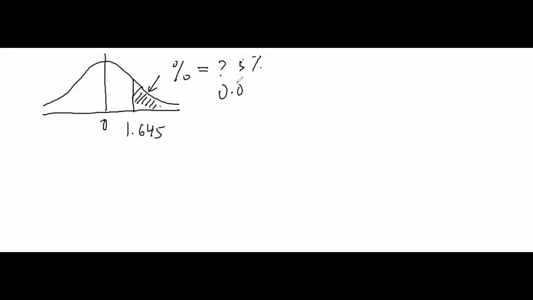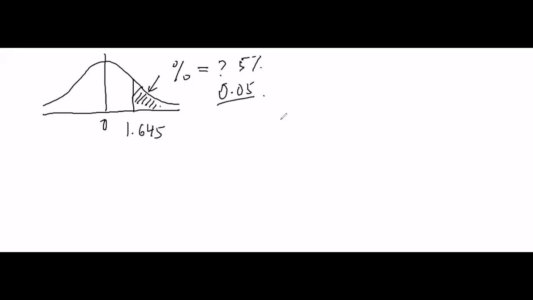So the proportion is 0.05, okay? This one is asking for percentage, so please put 5%, not 0.05%. 0.05 is correct as a proportion, but if you are using percentage, you have to multiply by 100, right?